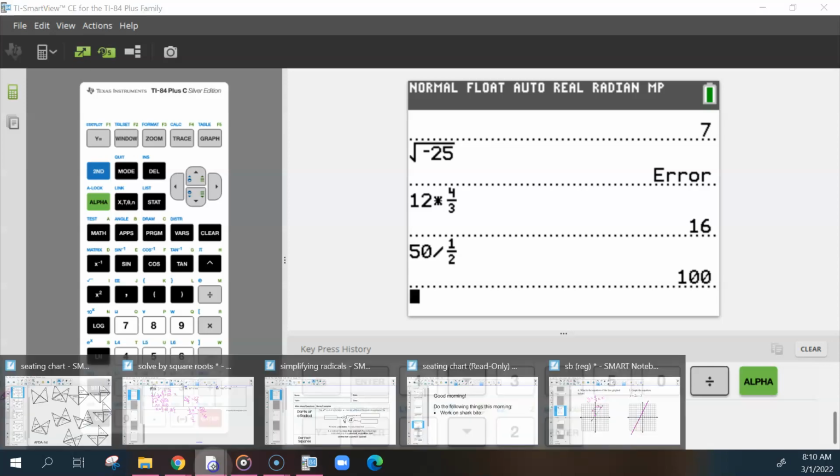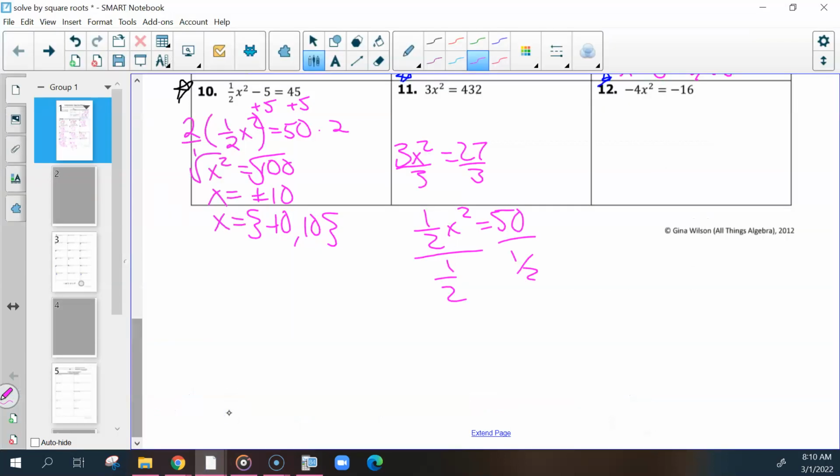So instead of dividing, we're taking that same fraction, flipping it, and multiplying it. This becomes 1, and what we do to one side we have to do to the other. So do whichever makes sense, divide by the fraction or multiply by the reciprocal.